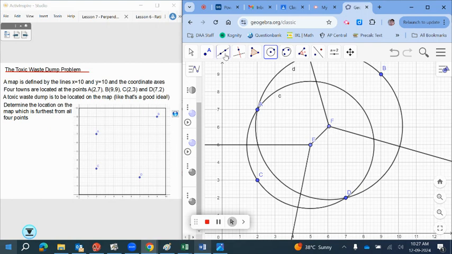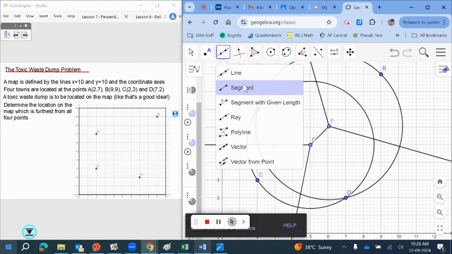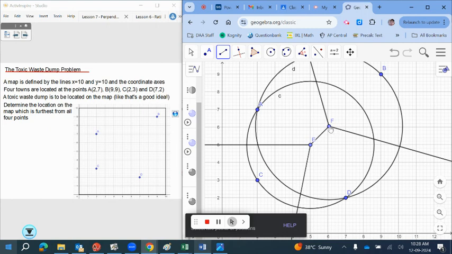So what we want to do is see which of those is the bigger circle. So we want to have the largest possible distance. It's a toxic waste dump after all. So we want the largest distance.